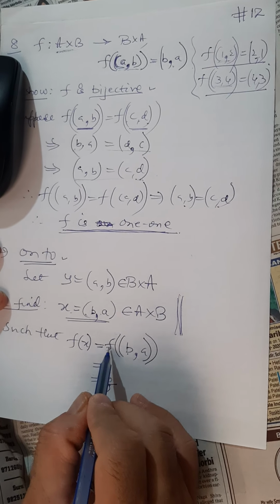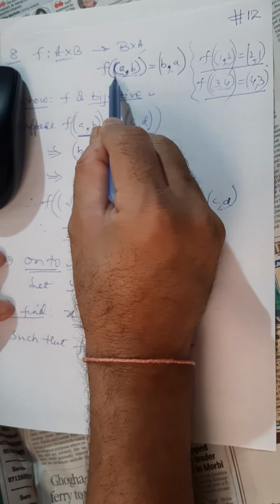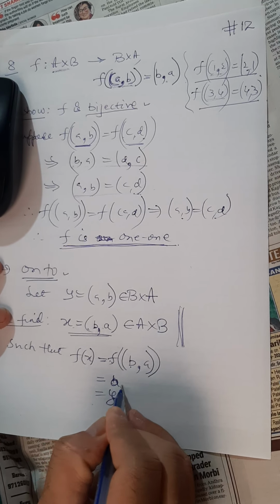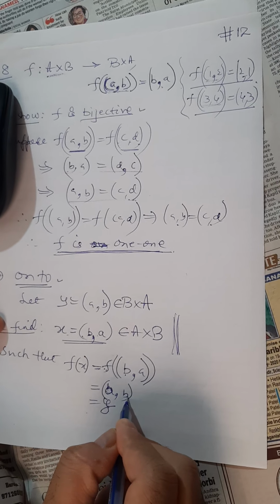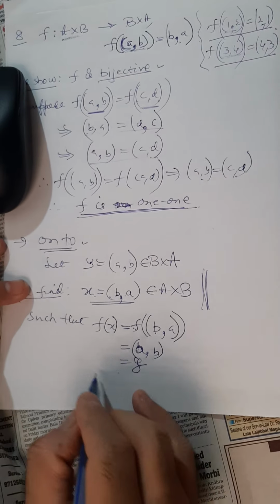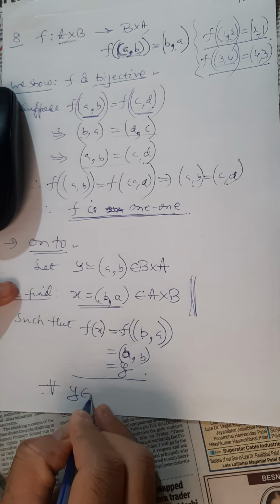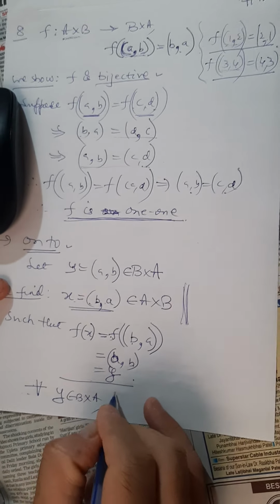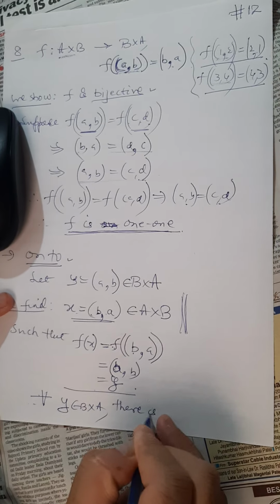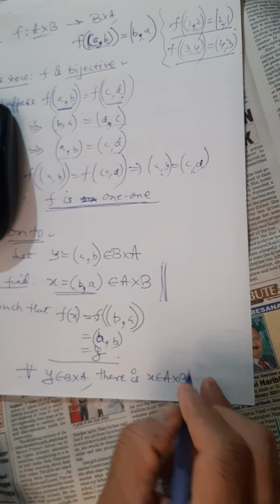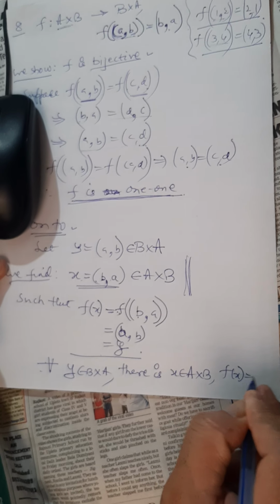Now what is the definition of the function? You go back to this, reverse the ordered pair. So you'll get (A, B). What was (A, B)? It is y. So therefore you can say that for every y in the codomain, there is x in the domain such that f of x equals y.